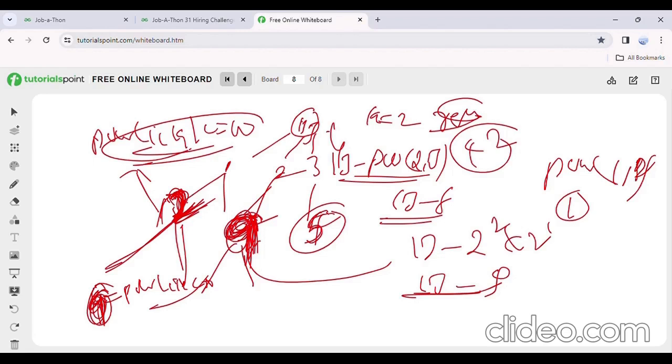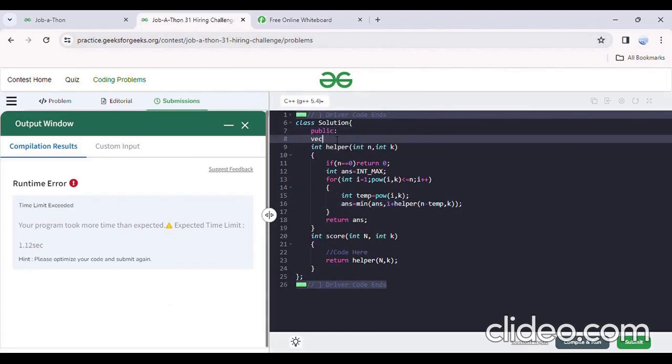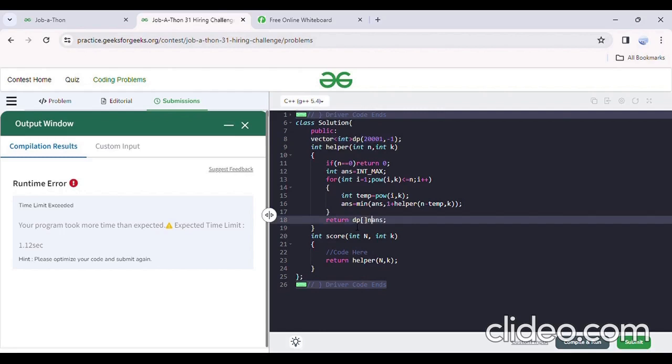So guys, here the n value is maximum 20,000. I am taking a dp array of size 20,001, initialized with minus 1. dp of n is equal to answer.